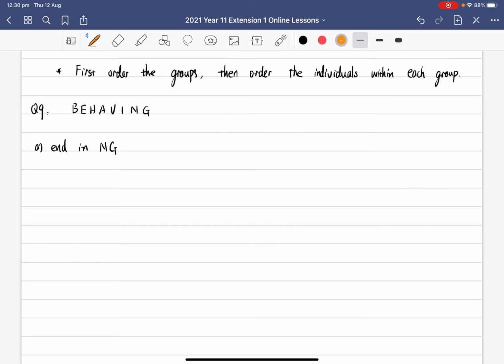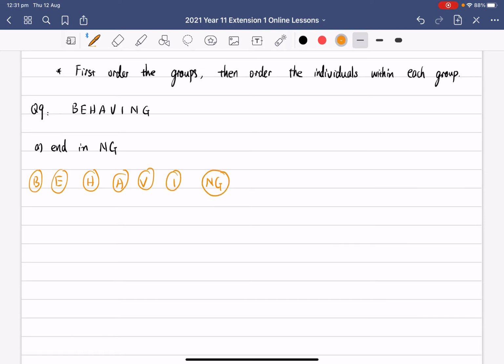Think about the grouping method here. We're going to group NG together, so it's N then G in this order. N has to be the first letter and G the second letter. The remaining letters you can organize in any order you like. If you think about this now, you've got 1, 2, 3, 4, 5, 6, and 7 groups in total.